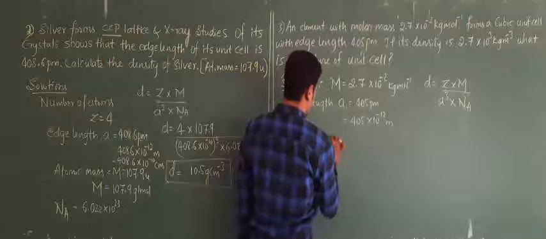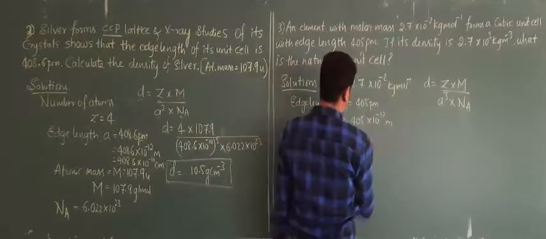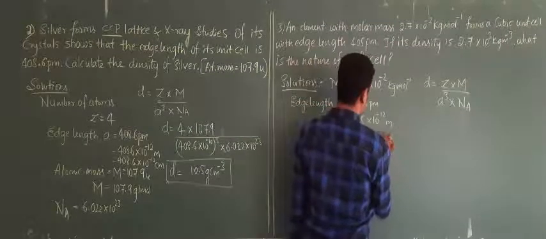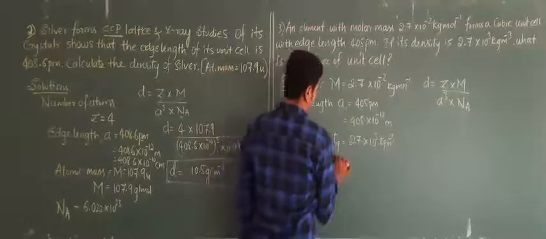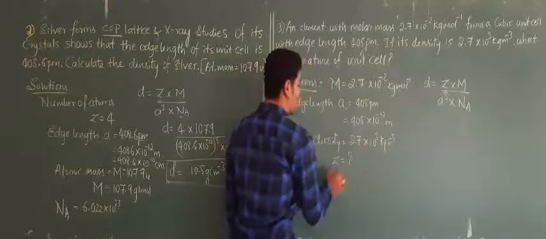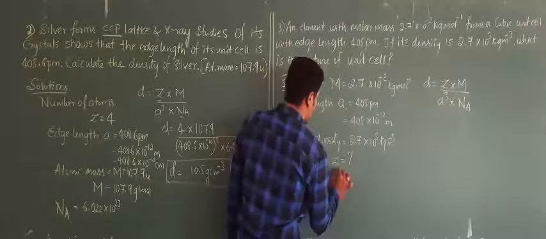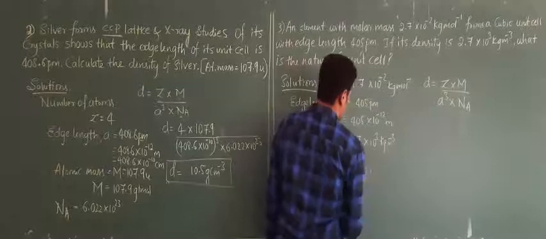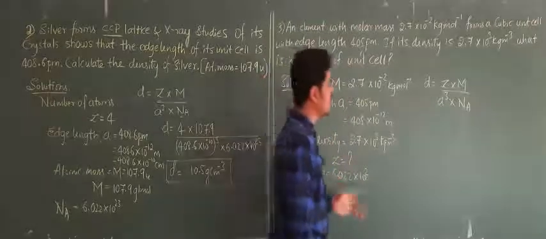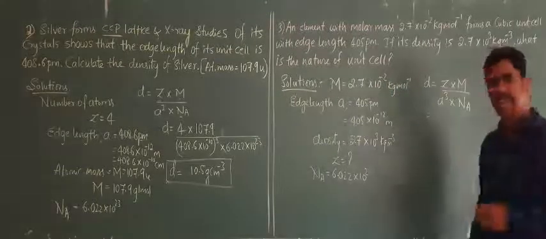So density is equal to 2.7 into 10 raised to 3 kg per cubic meter. What is the nature of unit cell? To find that, you should calculate the Z. And another thing is Na. It is 6.022 into 10 raised to 23. So after writing the given things, you can substitute the values in this formula and you will get the answer.